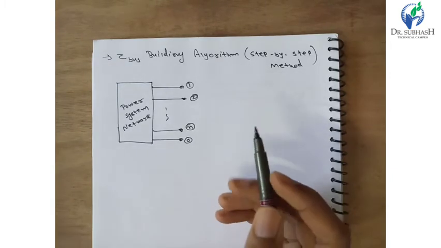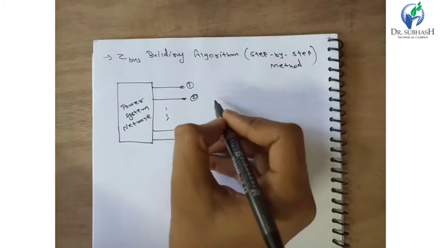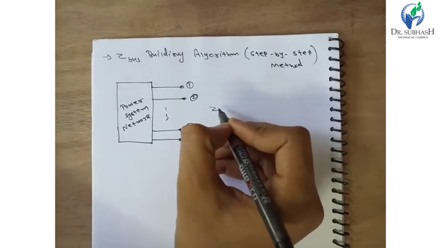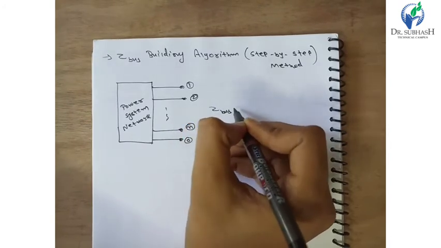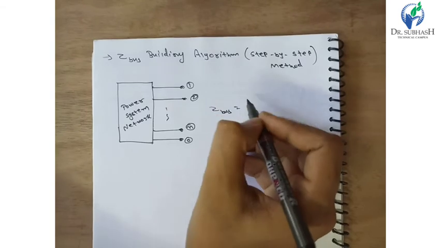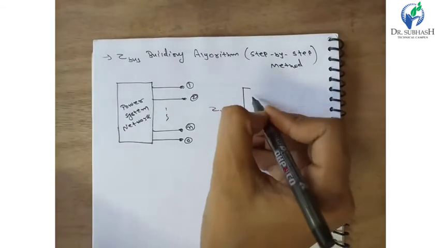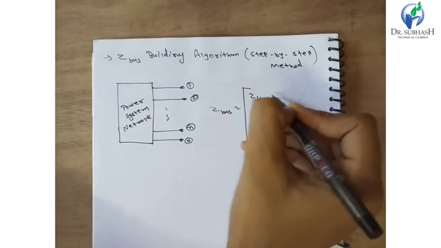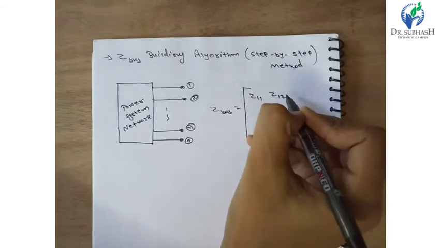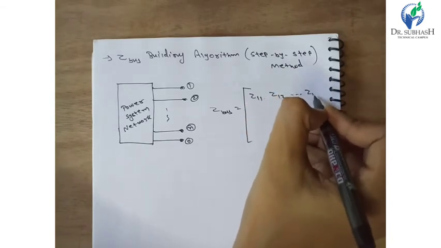So the Z bus, written in matrix form, is equal to Z11, Z12 up to Z1n.